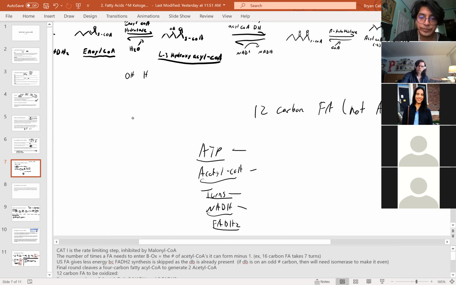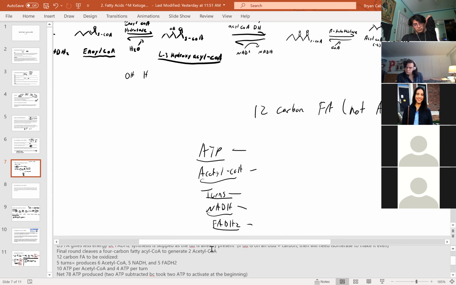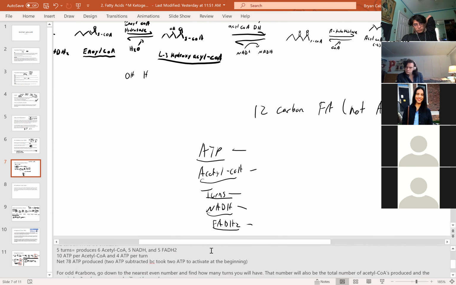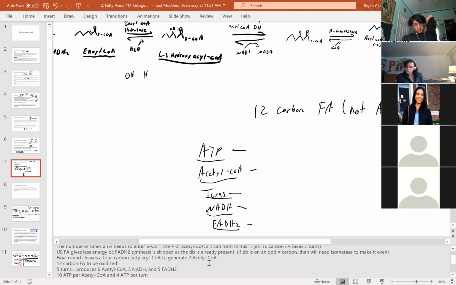And how many FADH2. Okay, so I'll give you guys a minute or two, and then we'll go over it. So you have 12 carbons, it's not activated. How many ATP can you produce, how many acetyl-CoA, how many turns in total, how many NADH, and how many FADH2.